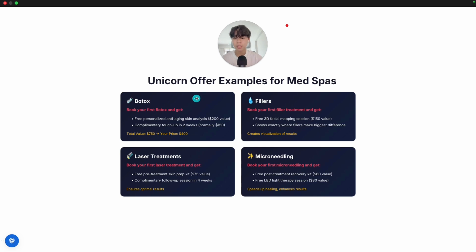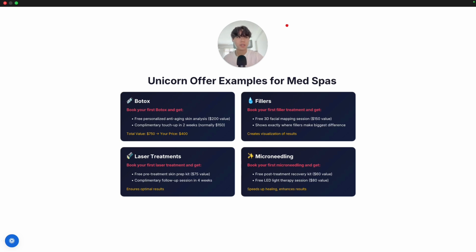And another thing, to make it a little bit more effective: when you stack the treatment and stack the value that a customer can get for what seems like a lower price than the actual value you bring, choose treatments that have a lower service cost, so you won't hurt so much.